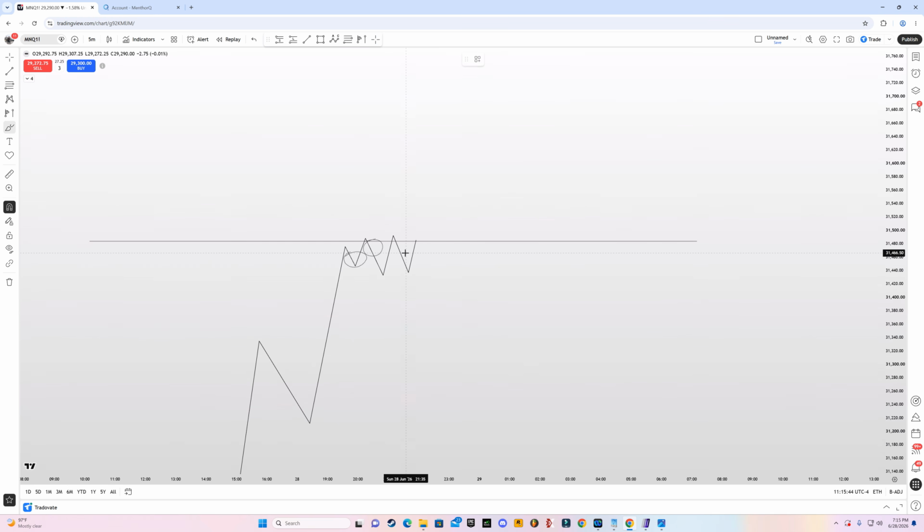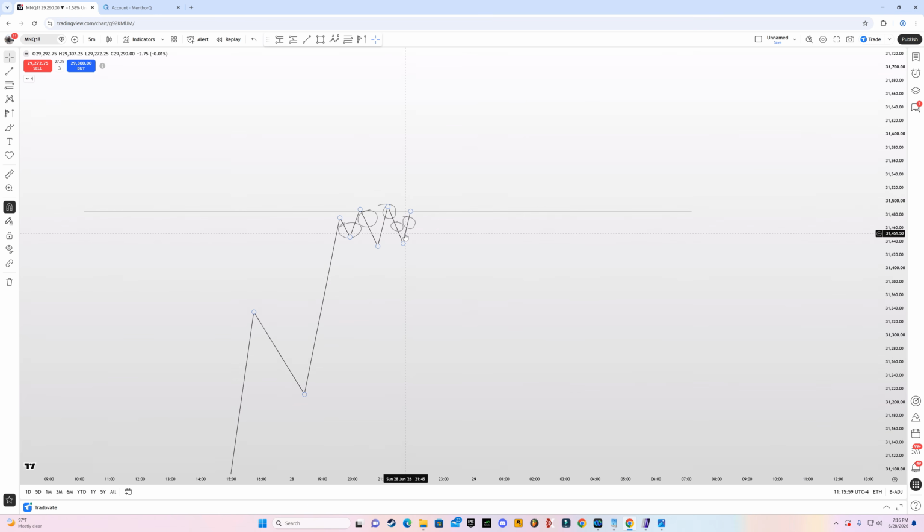So we have aggressive buyers stepping in here, but they're not able to break above this level. A lot of these aggressive buyers are trying to push above this level, but they're not getting a follow through. Now these buyers are getting absorbed. That is step one, which is absorption. Now what is a follow through?